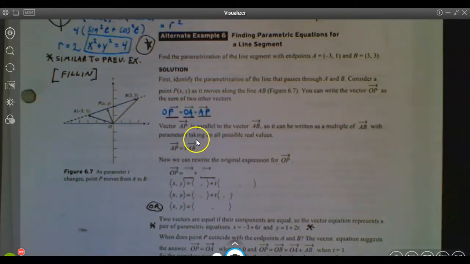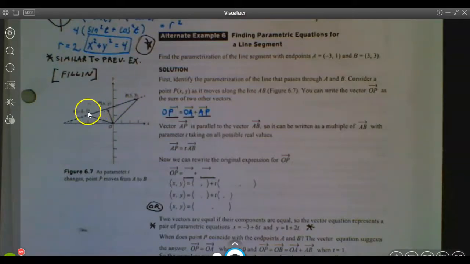So this is the substitution that we made in that previous problem. We want to replace AP, here's AP, with something in terms of AB. AP is simply going to be a scalar multiple of AB.